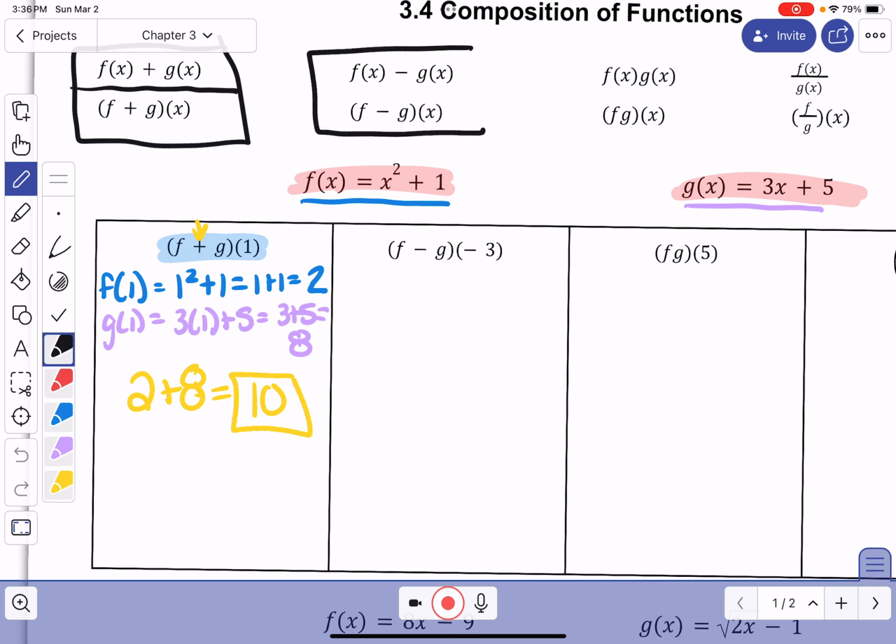You might see one of these two, which is the same thing. It's just telling you to subtract your answers. So f of negative 3 would be negative 3 squared plus 1, or 9 plus 1, which is 10.